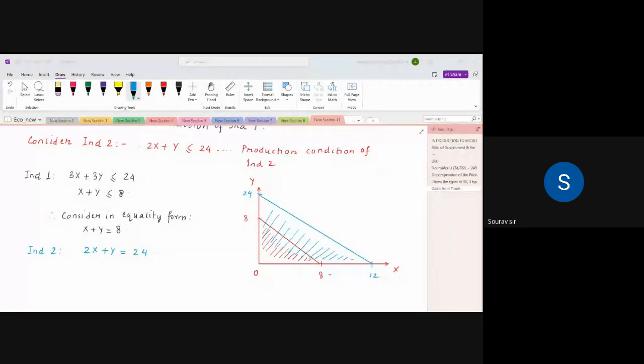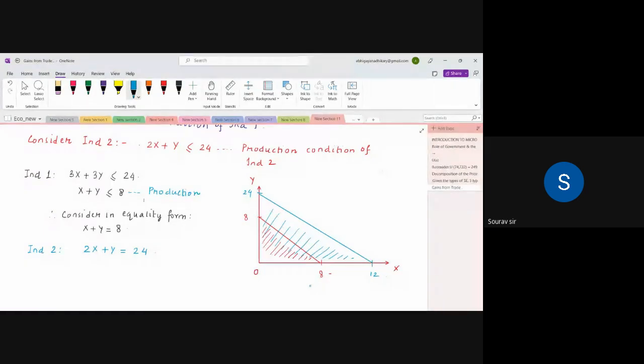Any point in the shaded region can be a production level for individual 2. Correct. So this one is known as, I hope some of you might remember this term, we have discussed this earlier, the production possibility frontier of individual 1. In short, we will be writing it as the PPF.